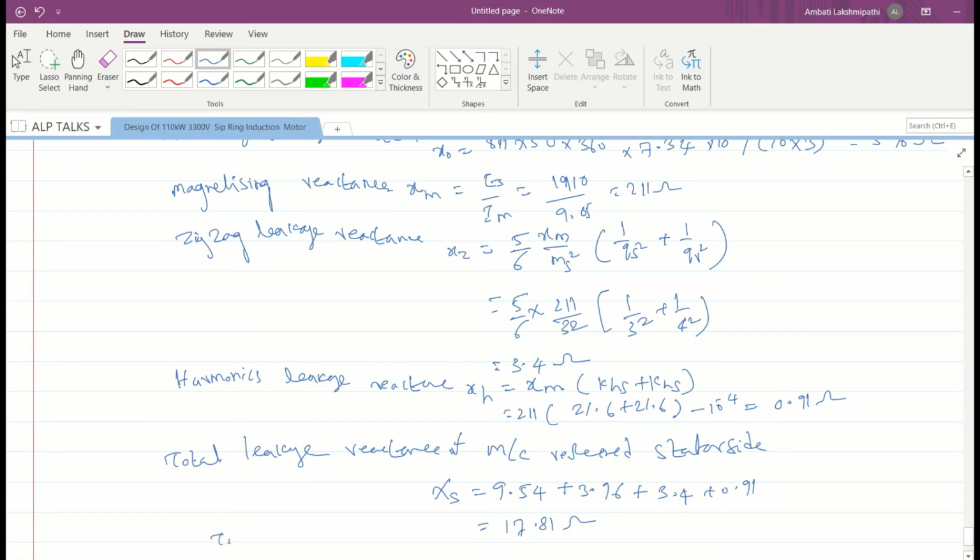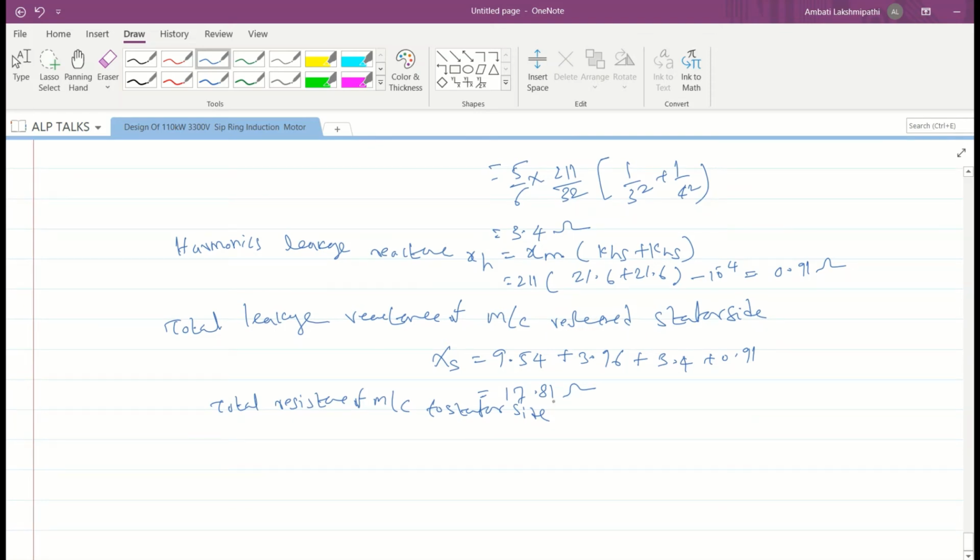Total resistance of the machine referred to the stator side, we already calculated this value. Referred to the stator side, capital Rs is nothing but 3.56 ohms. We calculated it like Rs plus Rr dash, that is 1.46 plus 2.1.